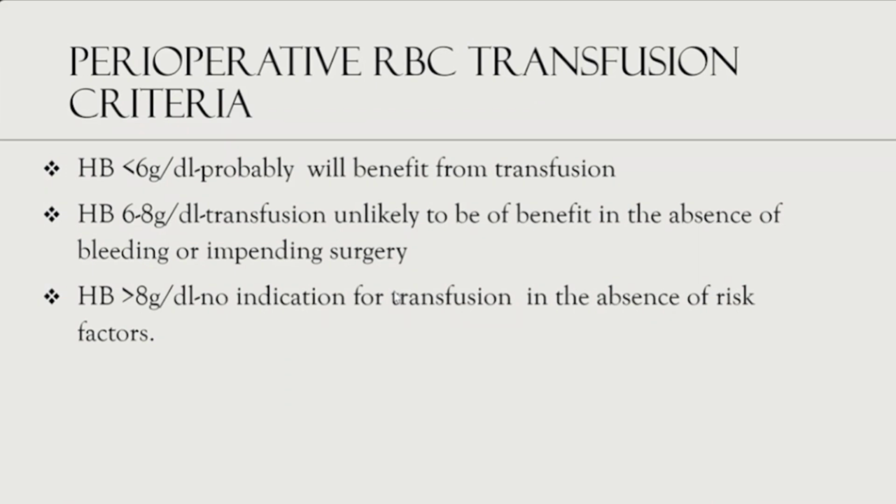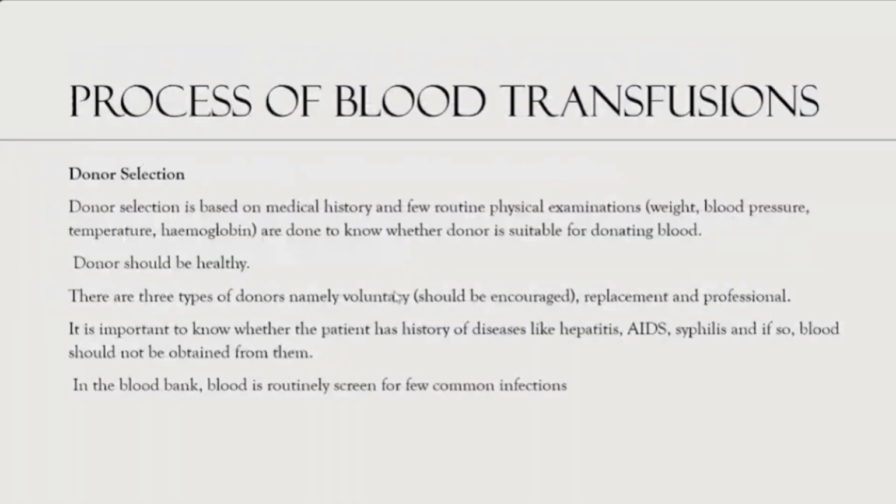We do not need to transfuse them with these red blood cells in the absence of the other factors like bleeding or surgery awaiting. So we do not need to transfuse them if they have HB greater than 8 grams per deciliter. So we go to the process of blood transfusions. So in this process of blood transfusion, we are going to first select our donor.